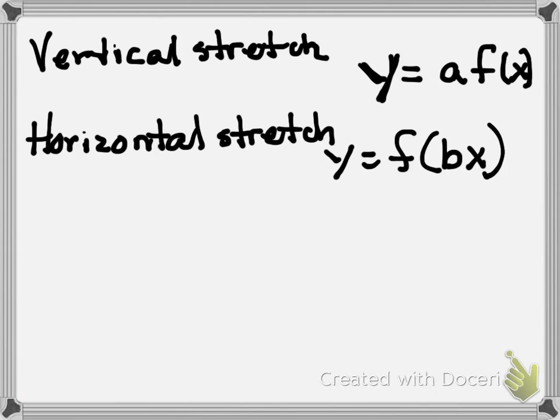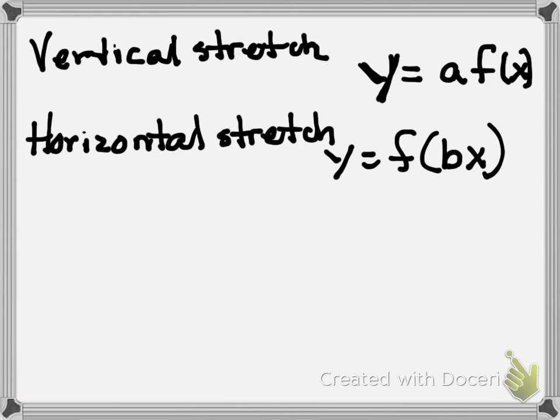So it's as if every value, the whole function, has been multiplied through by 2, for example, or by 1/2. Whereas the horizontal stretch, the number that's being multiplied is times the x value. So b is multiplied by x, not the entire function.